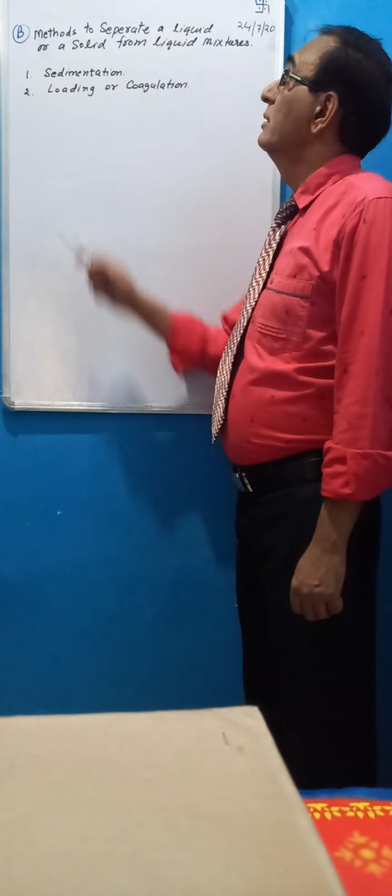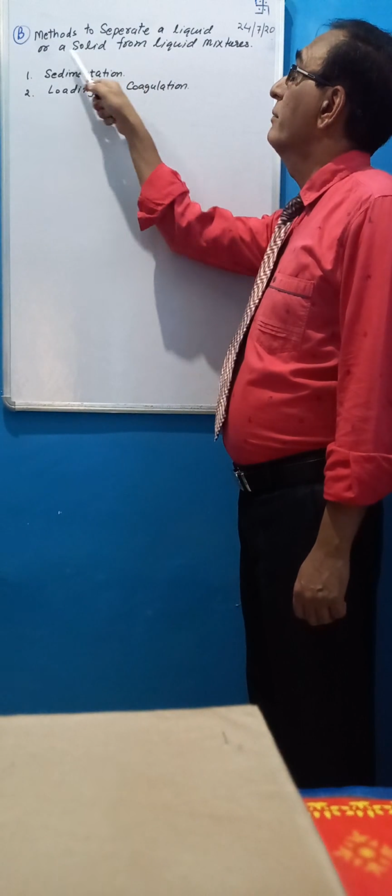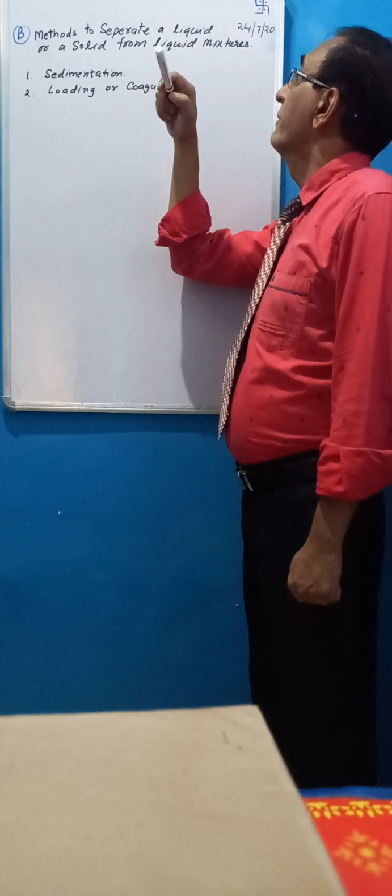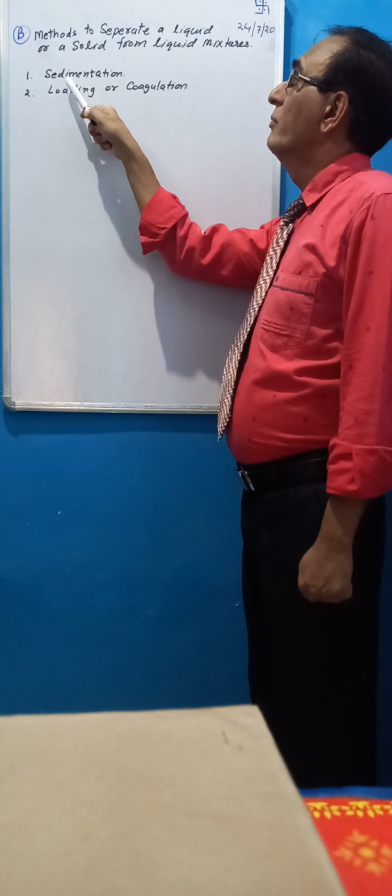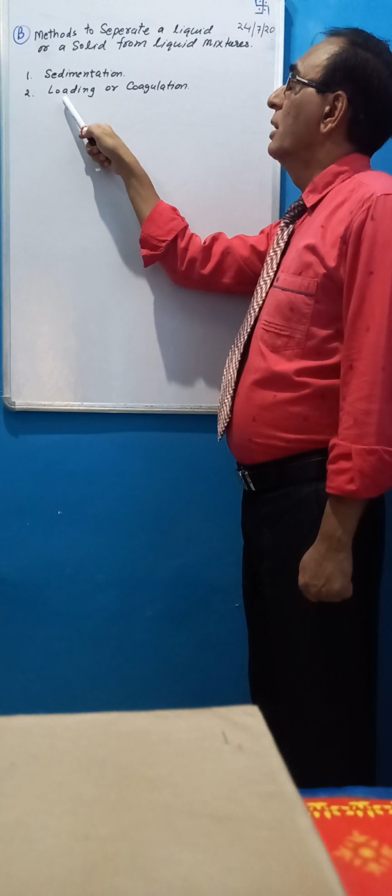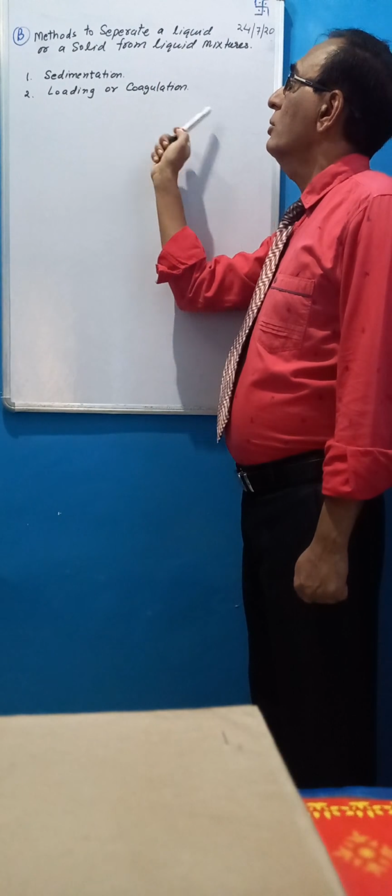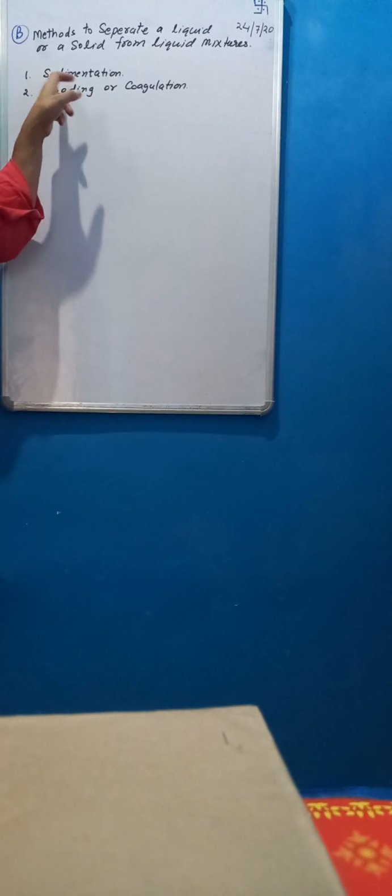Yesterday, we had done methods to separate a liquid or a solid from a liquid mixture. In that, we had done sedimentation, and the second method was loading or coagulation. Sedimentation is a process in which the heavy particles settle down at the bottom in the liquid mixture.